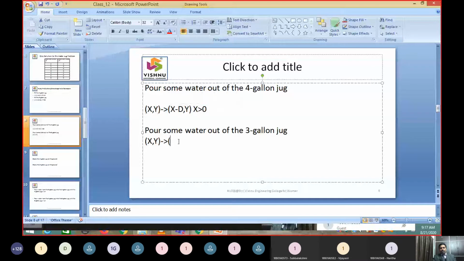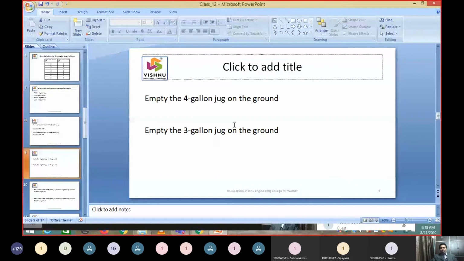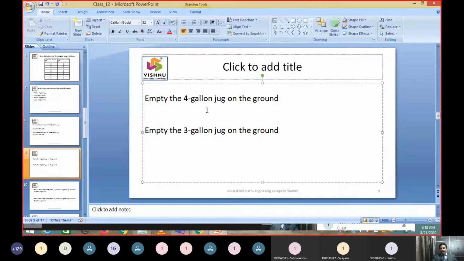You can pour some water from the 3-gallon jug. Yesterday we have written this, so you can write it like this, provided y is greater than 0. This is what we have seen. So you can empty this 4-gallon jug. This production was used already when I was finding the solution for the earlier problem.